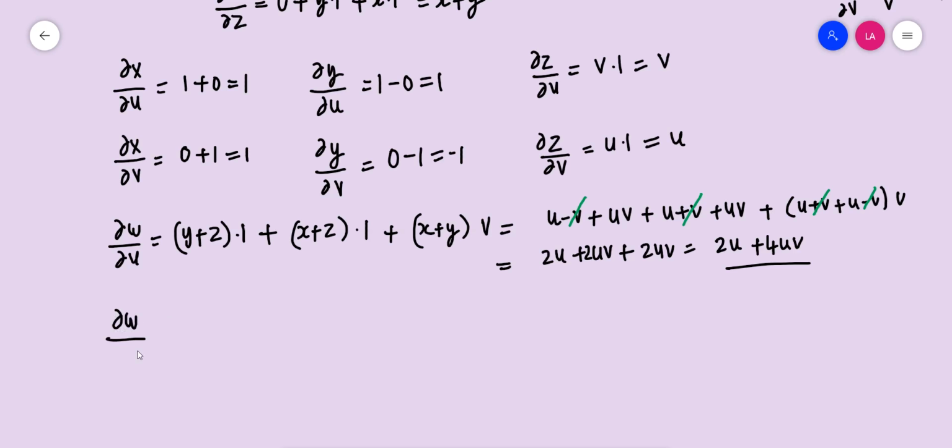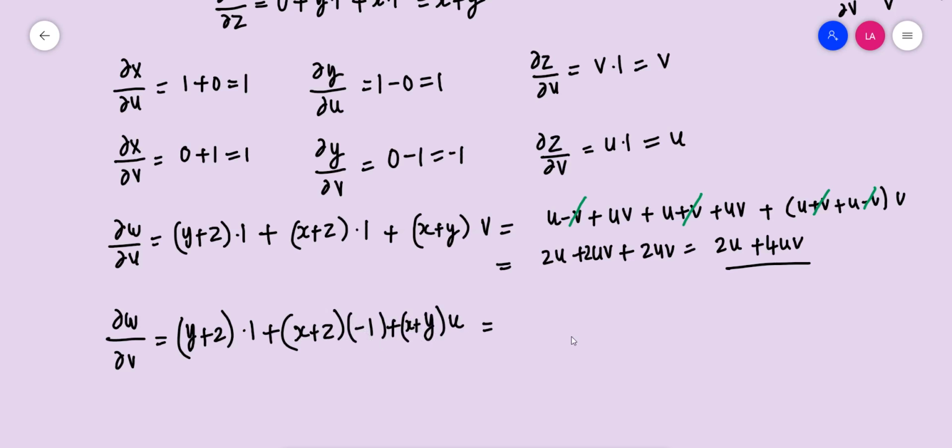Similarly, dou w by dou v is actually dou w by dou x times, that is y plus z times 1 plus x plus z times minus 1 plus x plus y times u, that is u minus v plus uv.